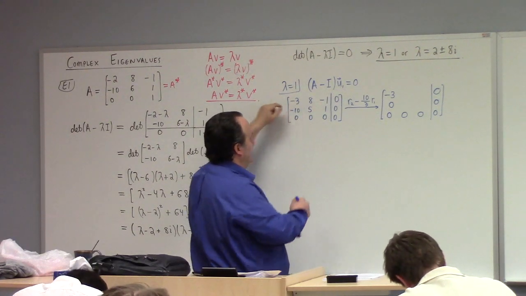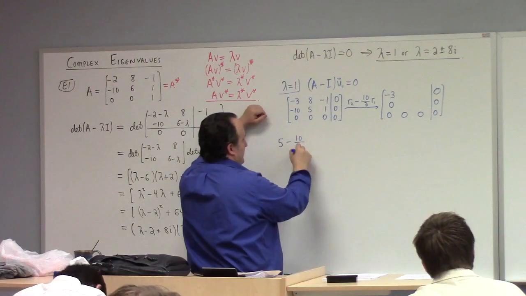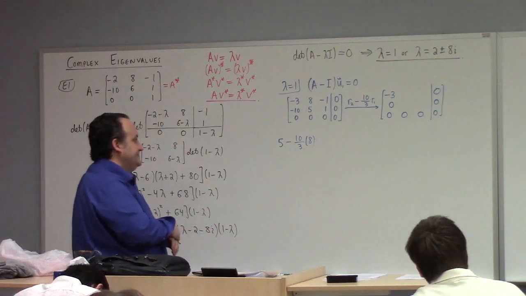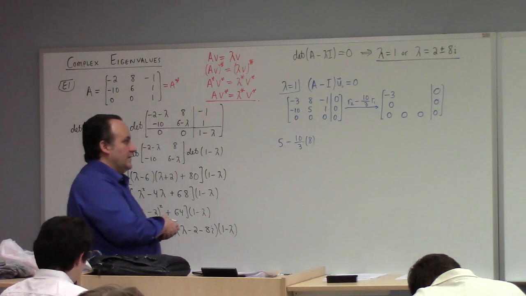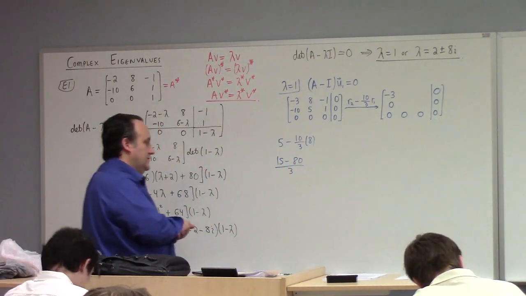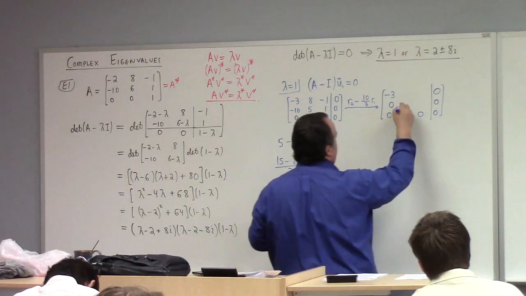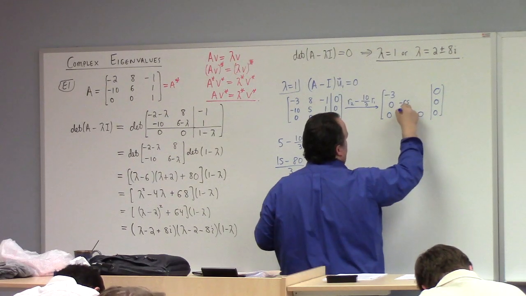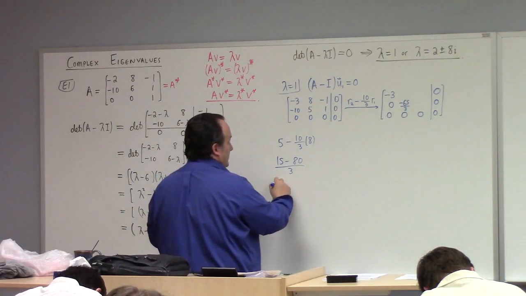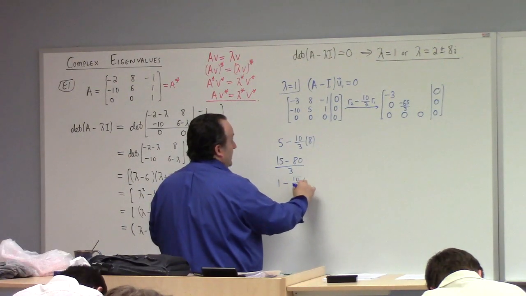What is 8? I'll write it down here. So we're looking also at 5 minus 10/3 of 8, right? For the next spot there. What's that? 15 minus 80 over 3, also known as negative 65 thirds. That's what goes here, right? And how about the last one? We've got 1 minus 10 thirds of minus 1, right?